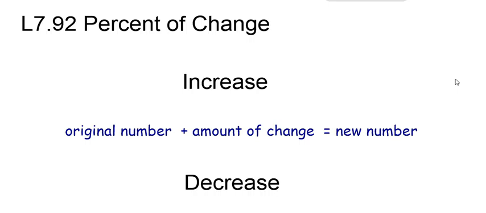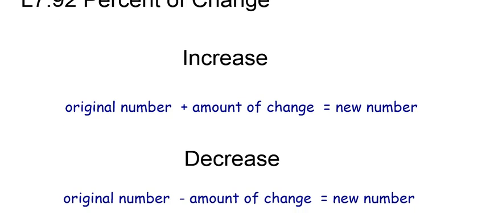First of all, if we want to have a percent increase, like you were going to say, oh, there was a 40% increase in the number of students from last year compared to this year. How many students is that? That's the kind of information that we're looking at. And so we're going to follow this pattern. It says original number plus the amount of change gives us our new number.